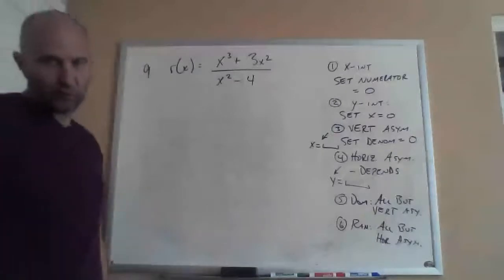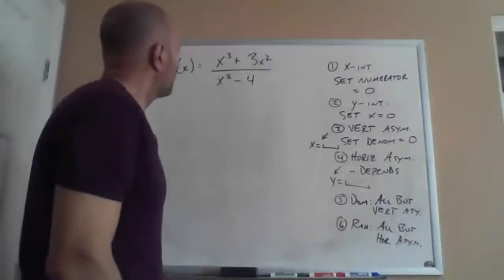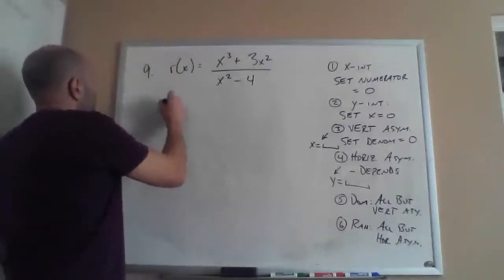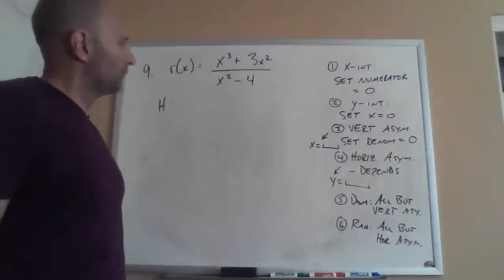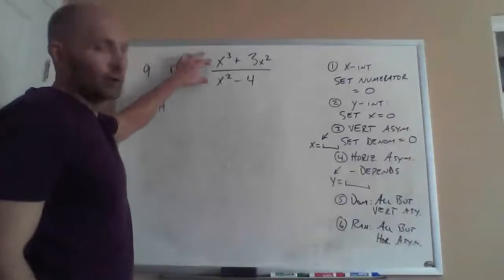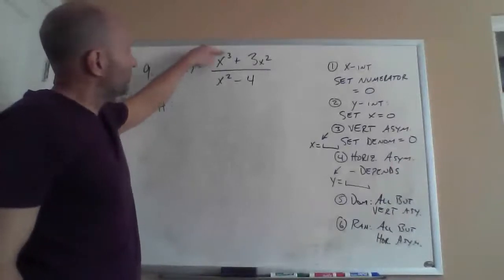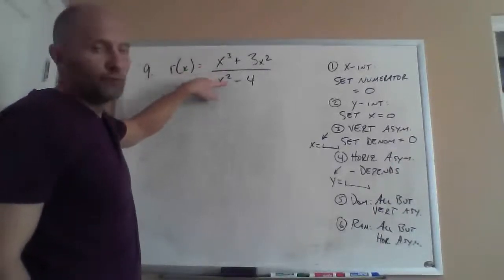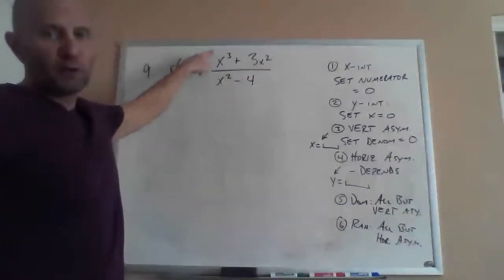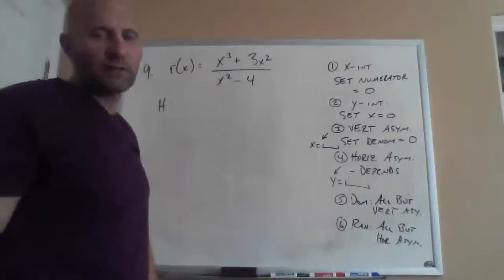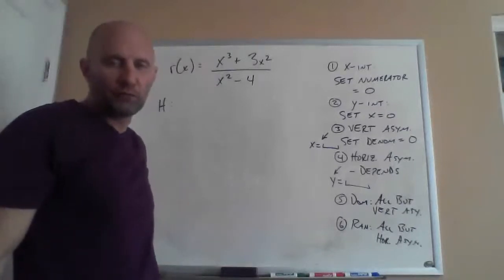So there's two vertical asymptotes, one horizontal, potentially. So let's do the horizontal first again. So with the horizontal, I'm looking at the exponents. 3 in the numerator, 2 in the denominator. When I have the larger exponent in the numerator, what does that tell me I have for an asymptote?